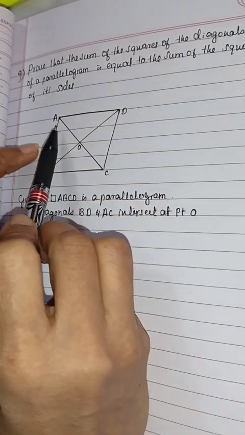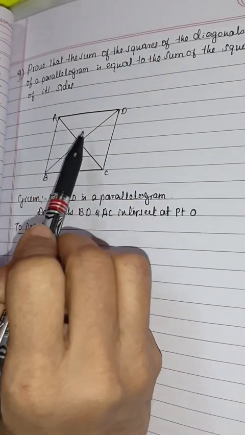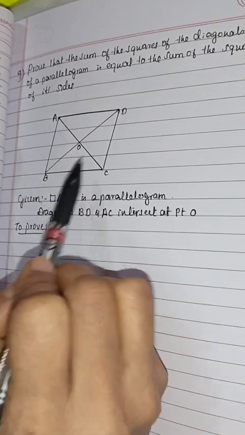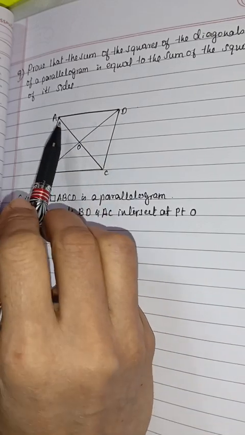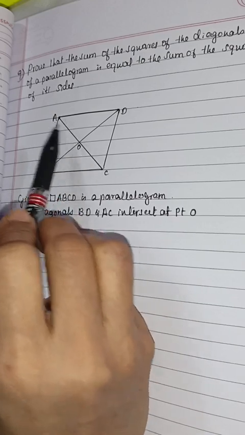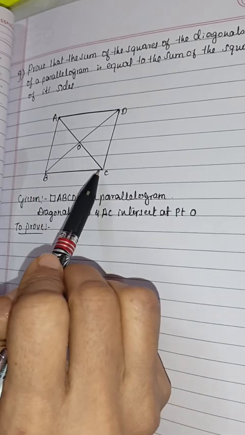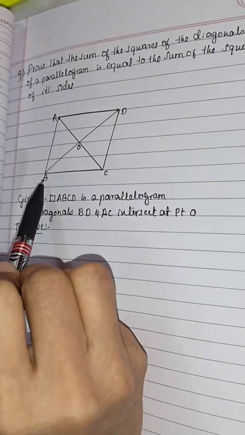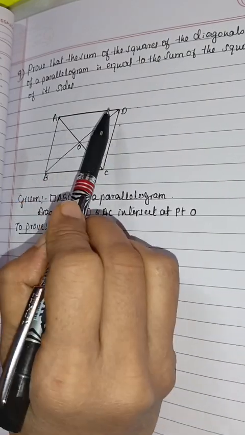We have to prove the sum of the squares of the diagonals is equal to the sum of the squares of the sides. Sum of the squares of the diagonals means AC square plus BD square equals AB square, BC square, CD square, AD square.